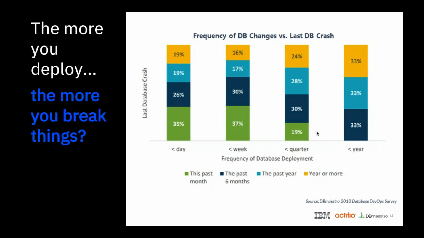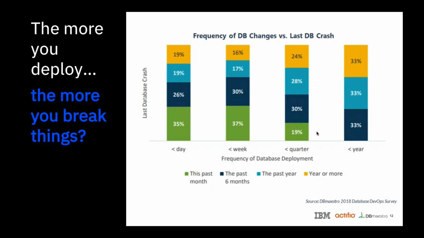It's like the developer joke: don't change anything, and if you change something daily, the risk of changes is significantly going up. So you can see the green boxes for weekly and daily changes. They're definitely not as high as quarterly or annually. So the faster you go, the more you break things.